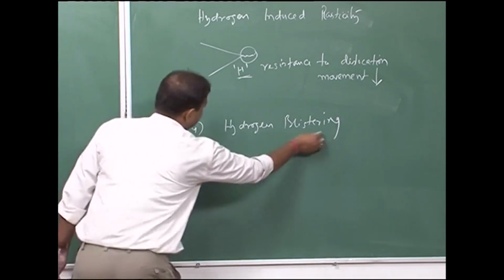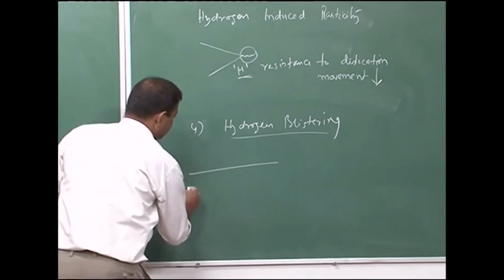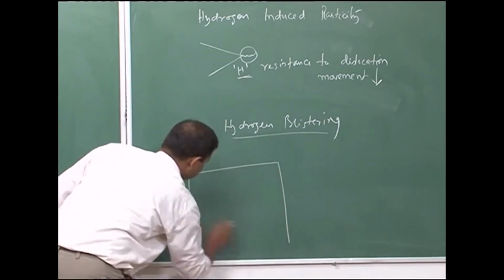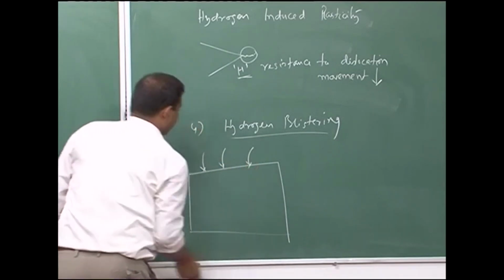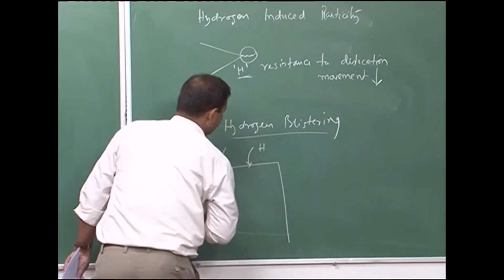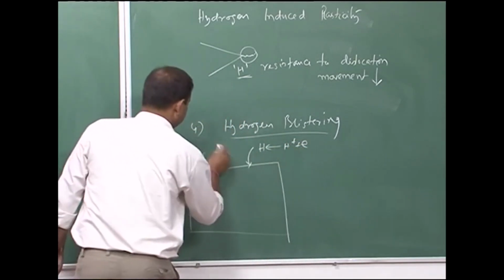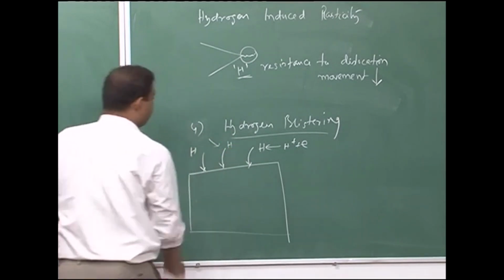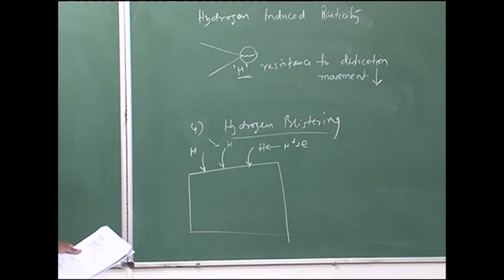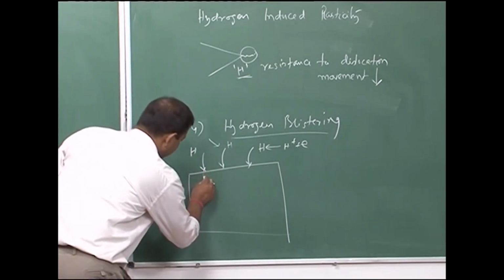And if you come to hydrogen blistering, let us say on a particular surface you have this reaction, this is my surface, and over it hydrogen generation can be possible. Again here one hydrogen atom and another hydrogen atom, and then instead of combining on the surface, they can diffuse inside.